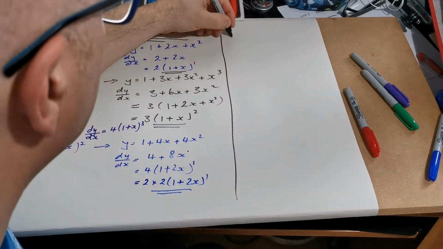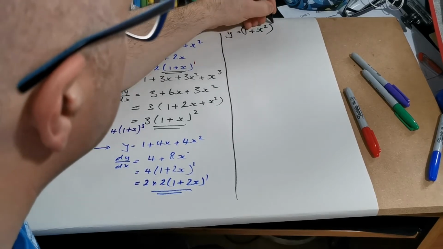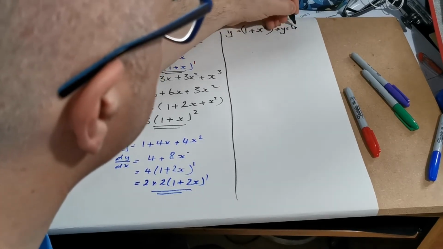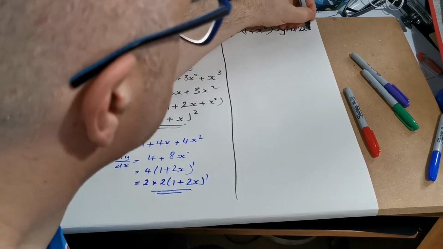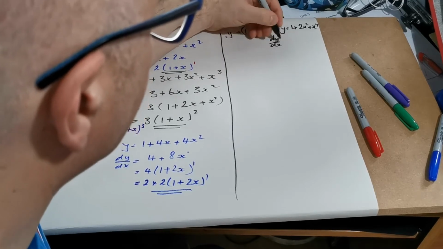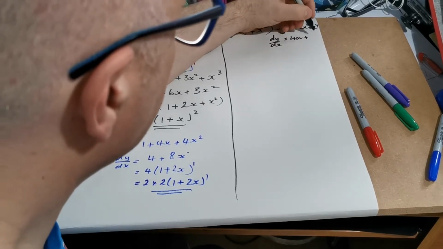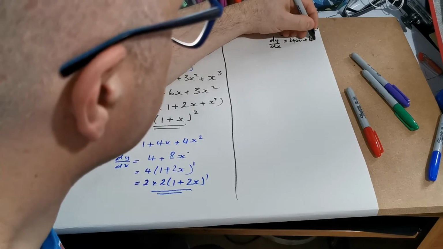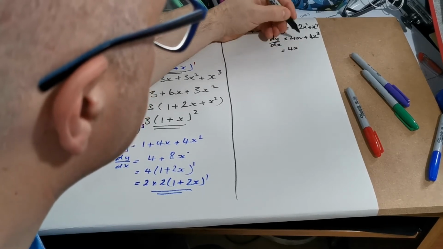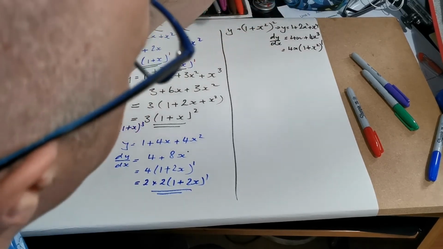I'll try one more. Let's go for y equals (1 plus x squared) squared. So that would be y equals 1 plus 2x squared plus x to the 4. So dy by dx is equal to 4x plus 4x cubed, which is 4x times (1 plus x squared), and I could say that's to the 1.